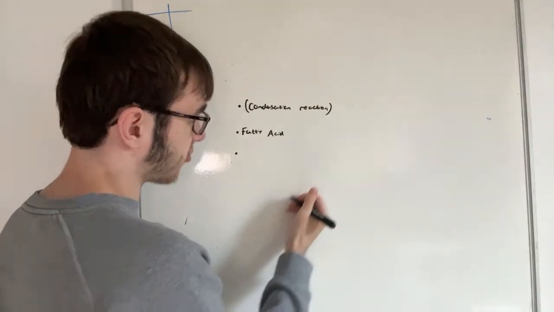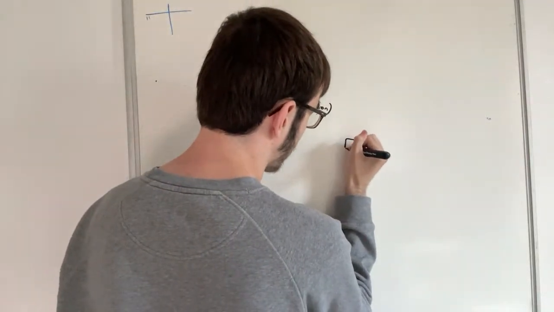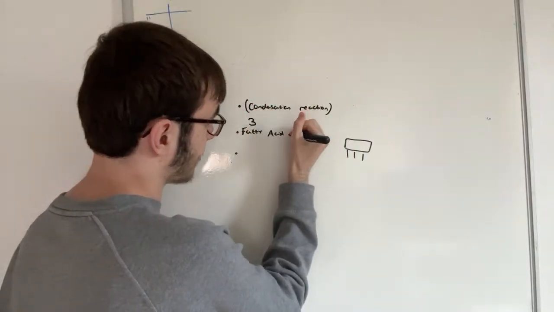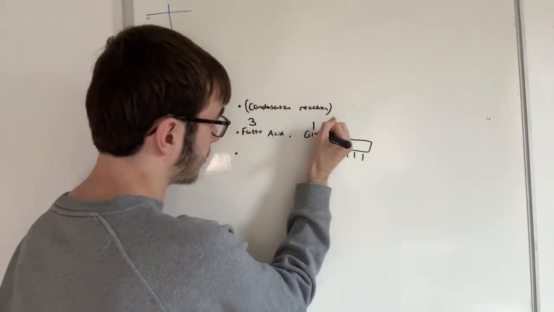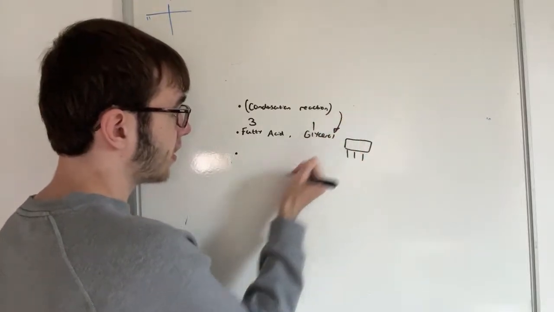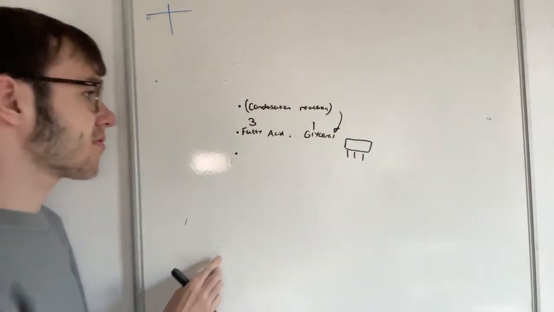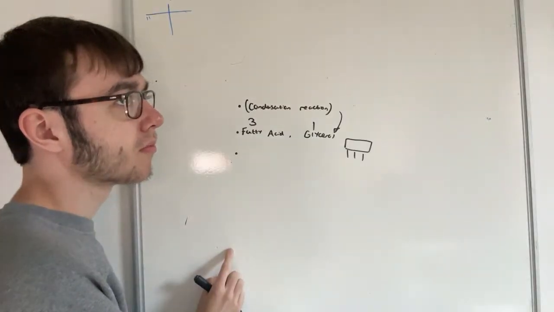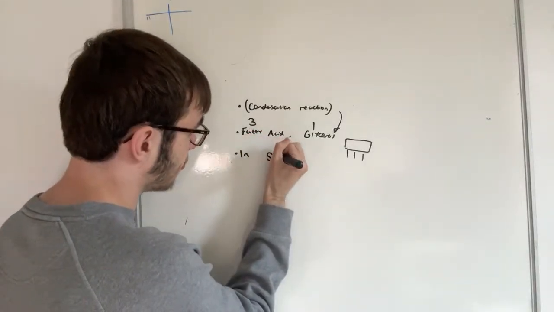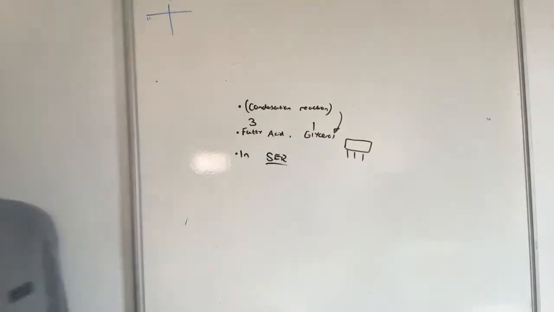What is the structure? It's 3 fatty acids and 1 glycerol. It's the condensation of that. And do we have to give a specific location? I'm going to say in smooth endoplasmic reticulum.